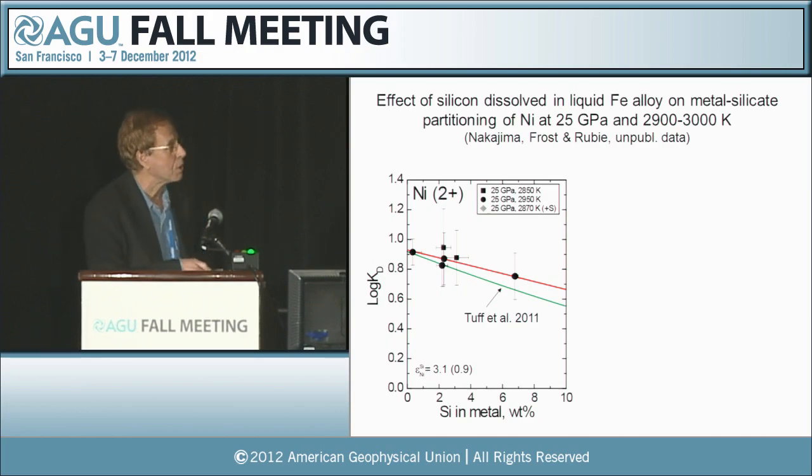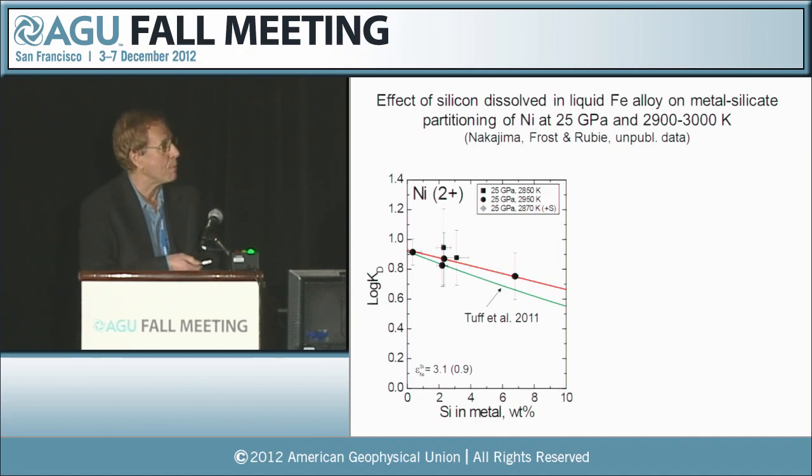In the previous slide, the nickel-silicon epsilon interaction parameter was about 7, and now it's reduced to 3. And this is actually very consistent with the Tuff et al. data. So the red line here shows a fit to our data, and then the green line shows an extrapolation of the Tuff et al. data, and within the errors, these are basically the same.